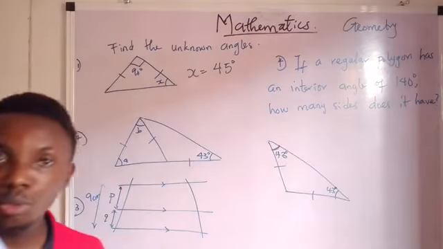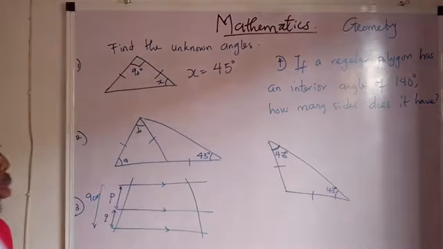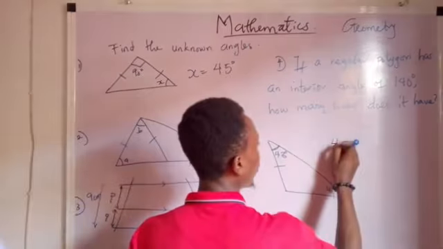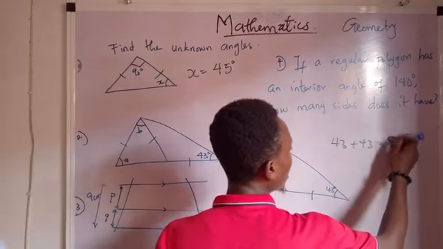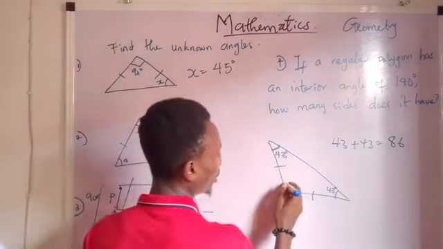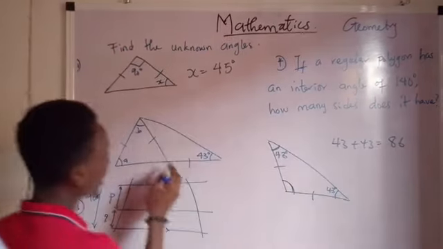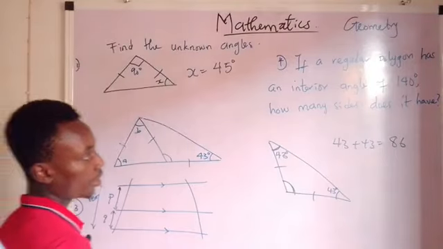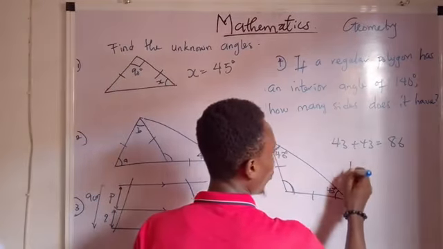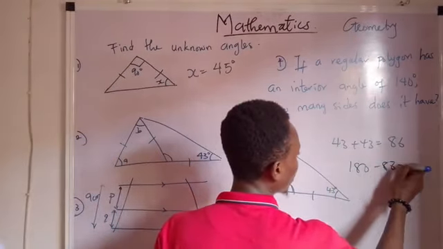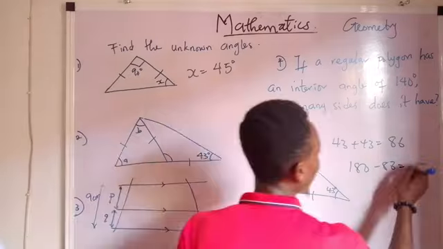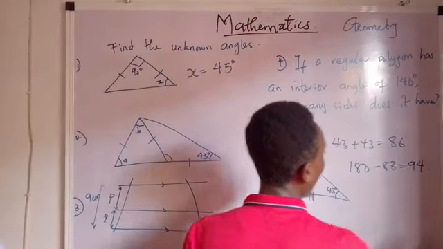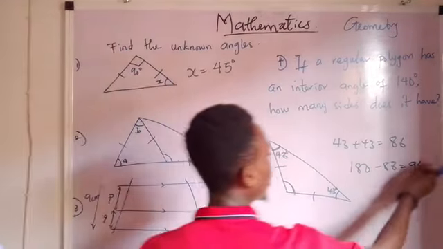Now the sum of angles in a triangle is 180. So you have 43 plus 43 is equal to 86. And this particular place, which is here now, you have 180 minus 86. 180 minus 86 will give us 94 degrees.